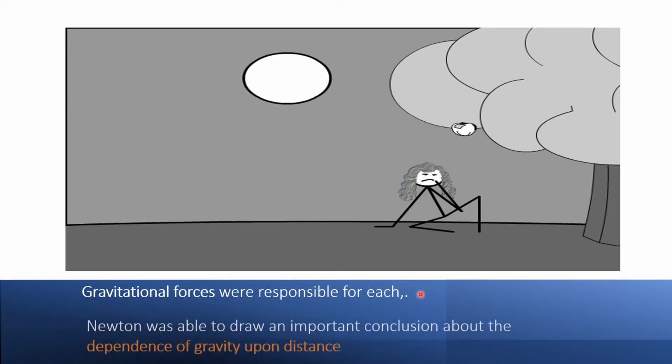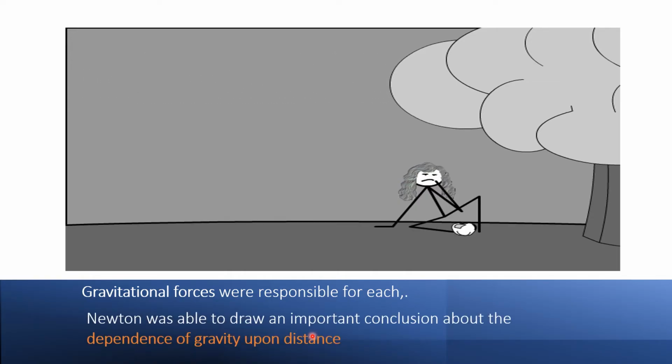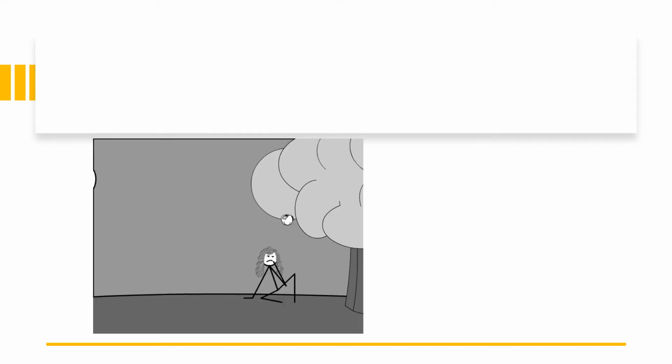From that illustration, Newton was able to draw an important conclusion about the dependence of gravity upon the distance. So, you have to take note that the gravity also depends on the distance based on the illustration.